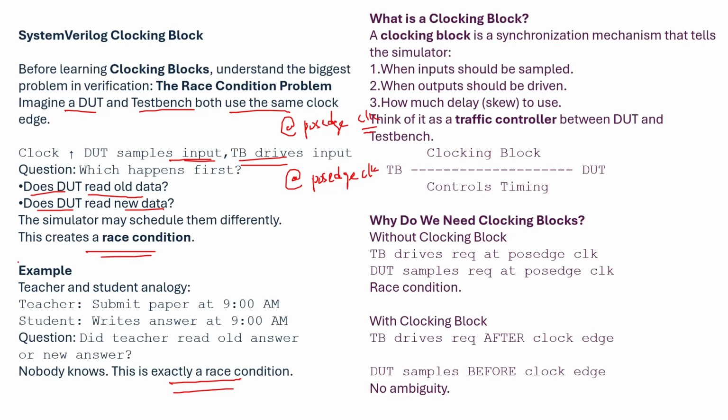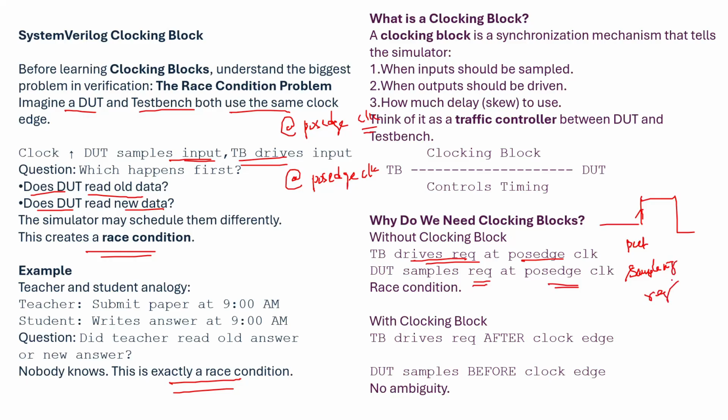Without clocking blocks, I am driving the request at the posedge clock. At the same posedge clock, the TB is driving the request to the DUT, and the DUT also samples this request at the same clock edge.